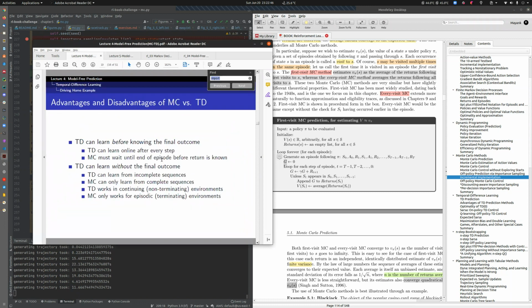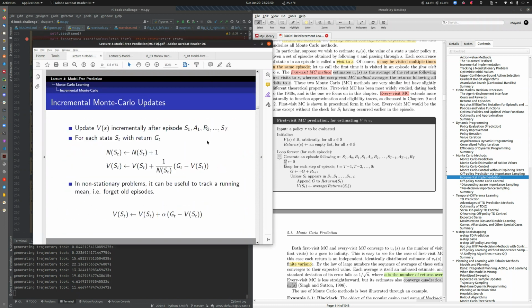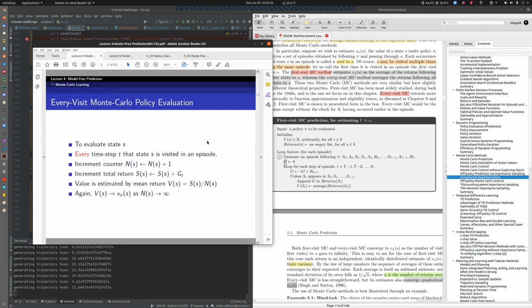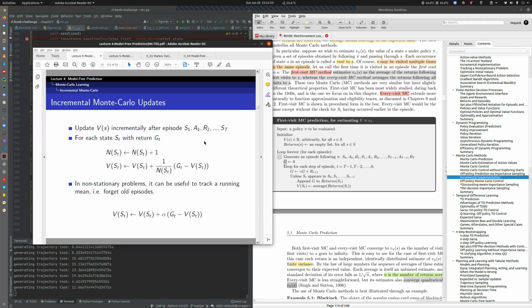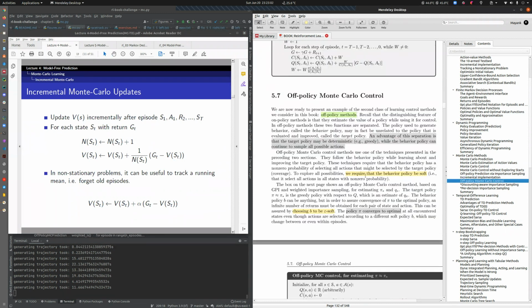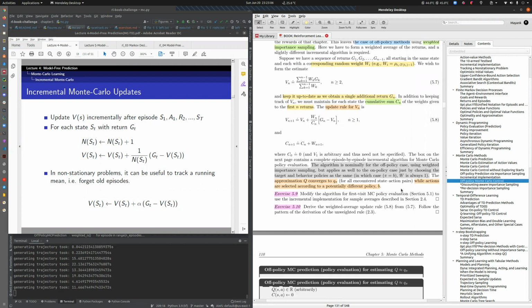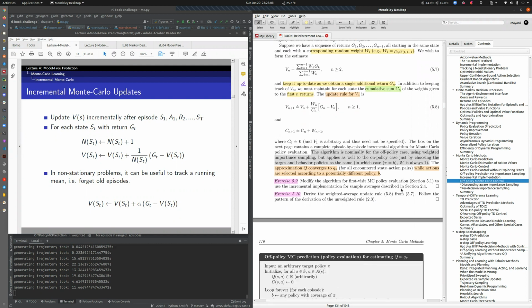This is the incremental mean and the incremental Monte Carlo updates. We use these equations here.